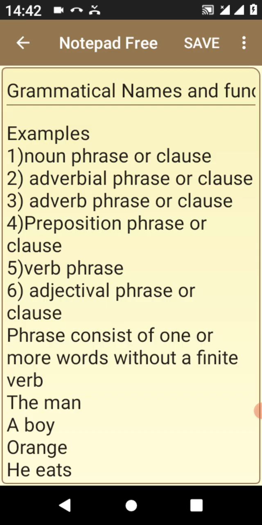And wherever the group of words you are asked to identify starts with an article like the, definite article, or a, indefinite article, it's likely going to be a noun phrase or a clause, depending on whether there is a finite verb there or not.